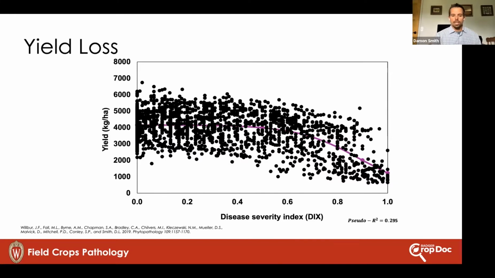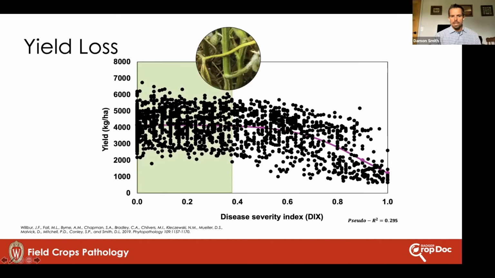And we can see this is actually some work that we published in 2019 looking at yield loss relative to this disease index score. And what's basically going on here is we have a nonlinear relationship when we use this disease index. And what's happening is this is a negative slope up here in the flat part of the curve, but it's primarily where we have lateral branch hits.